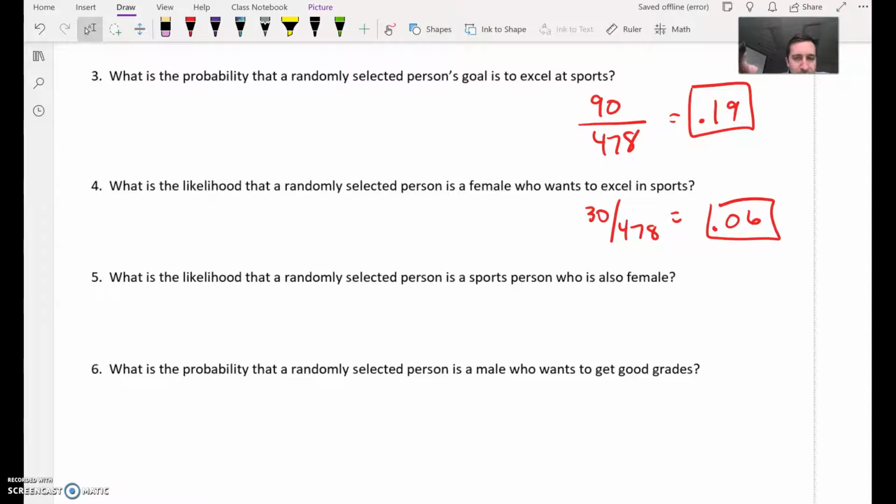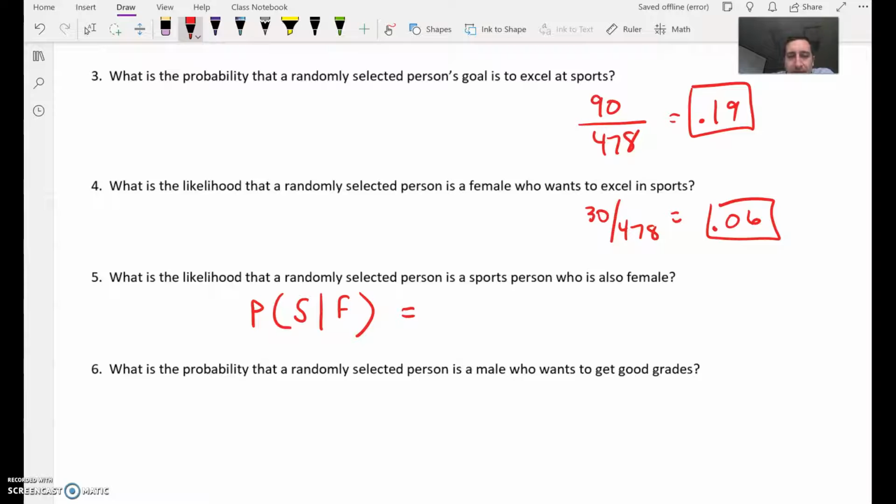This wording is tricky, but let's do exactly what it's finding. The probability that someone is a sports person given that they are female. Let's see if we can find that.